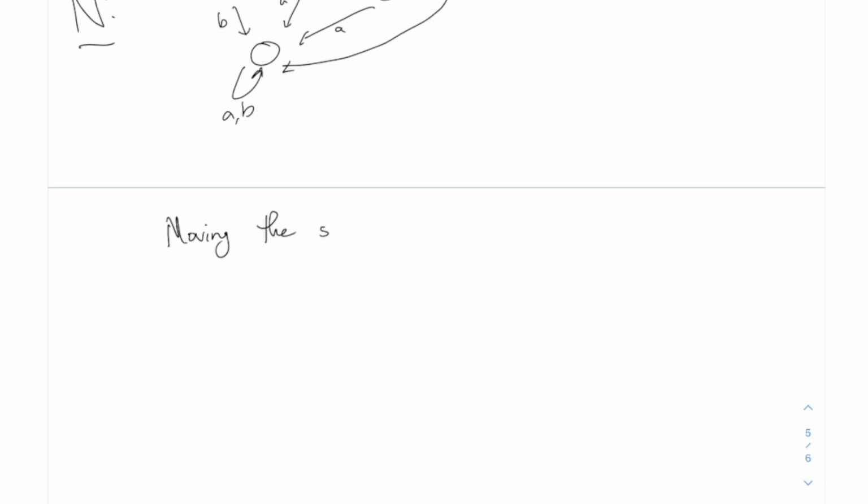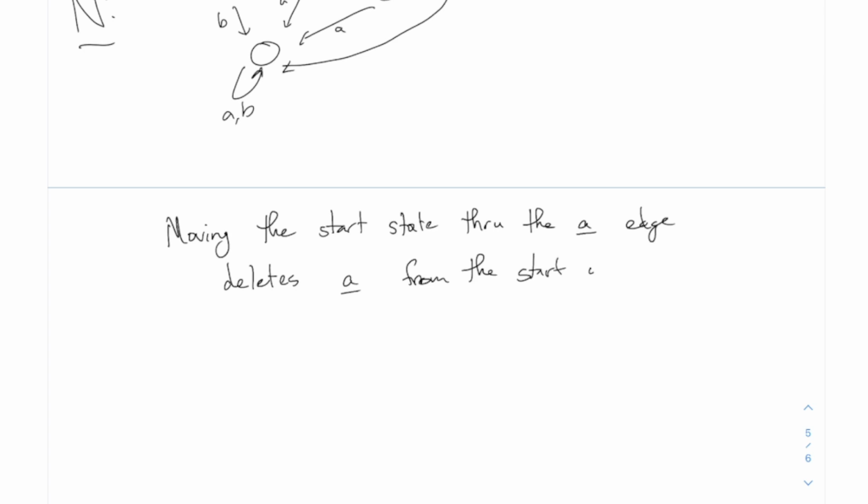Moving the start state through the A edge has the effect of deleting A from the start of all of our strings. All right? That's what it does.